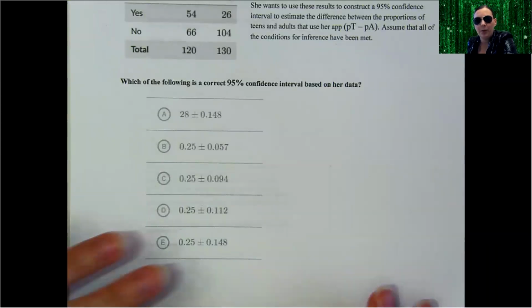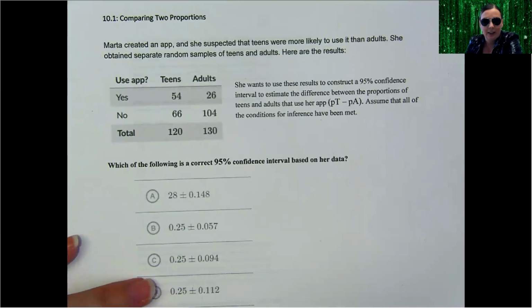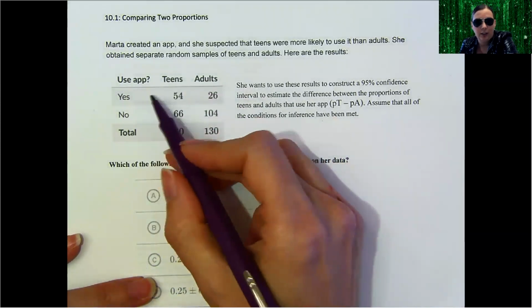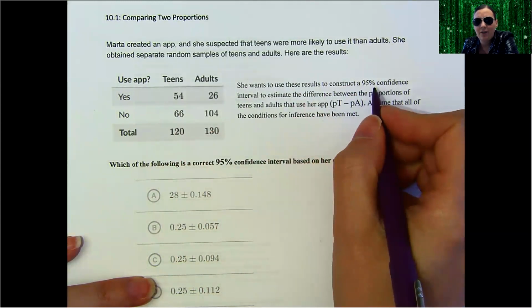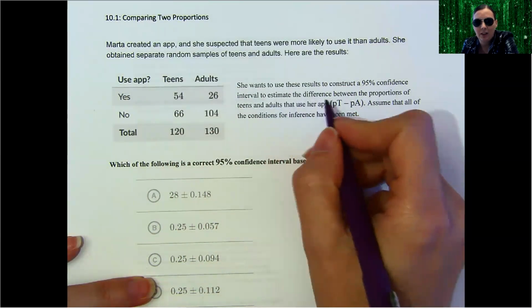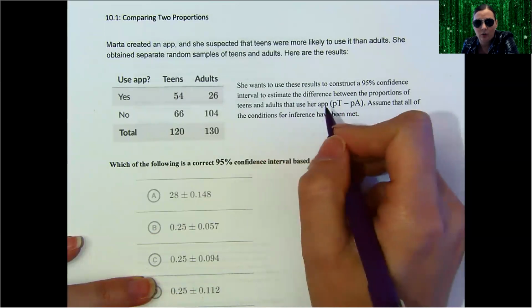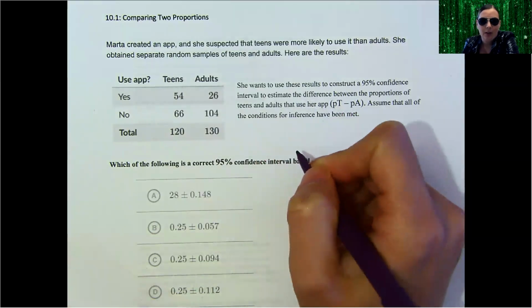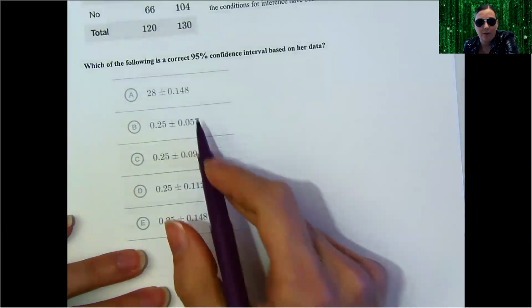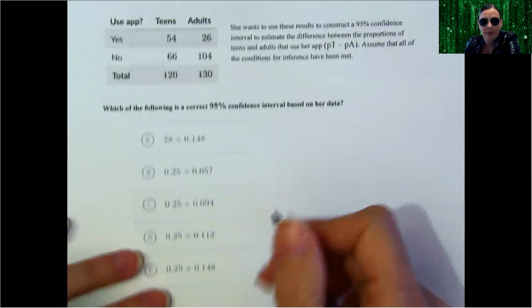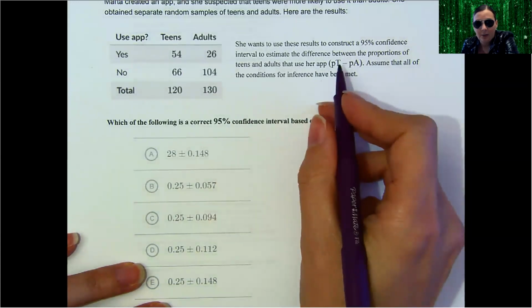This is another example with that proportion formula again. We have students and adults using an app. We're going to construct a 95% confidence interval to estimate the difference between teens and adults that use this app. Notice the multiple choice is different from the first one. They went a little bit farther on the formula. All right, first thing I got to get is my sample.